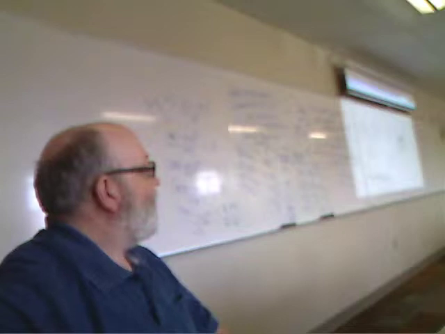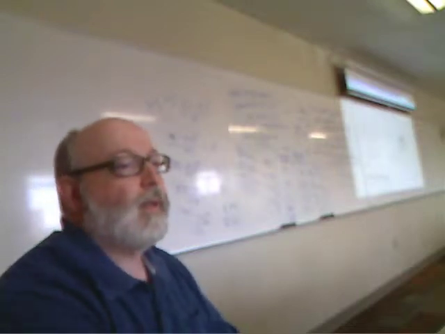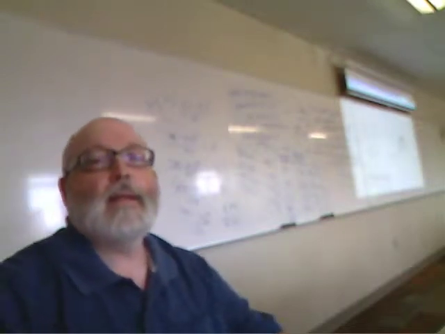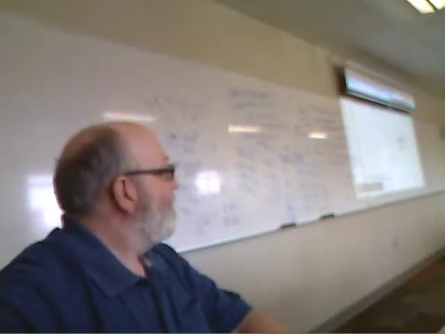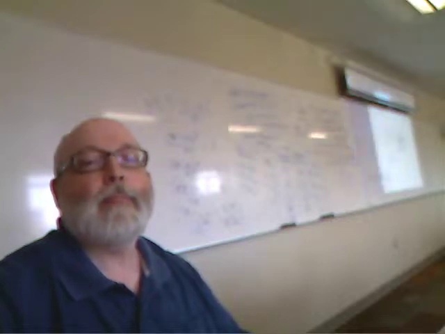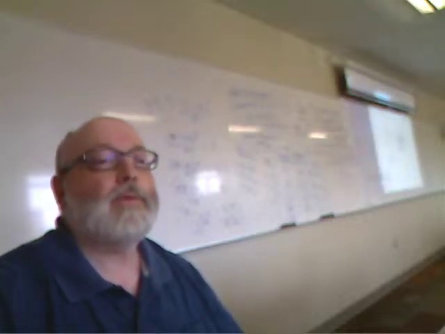So here we have the information. And I might be able to move this around a little bit, so you can see it maybe a little better. Zoom in a bit.